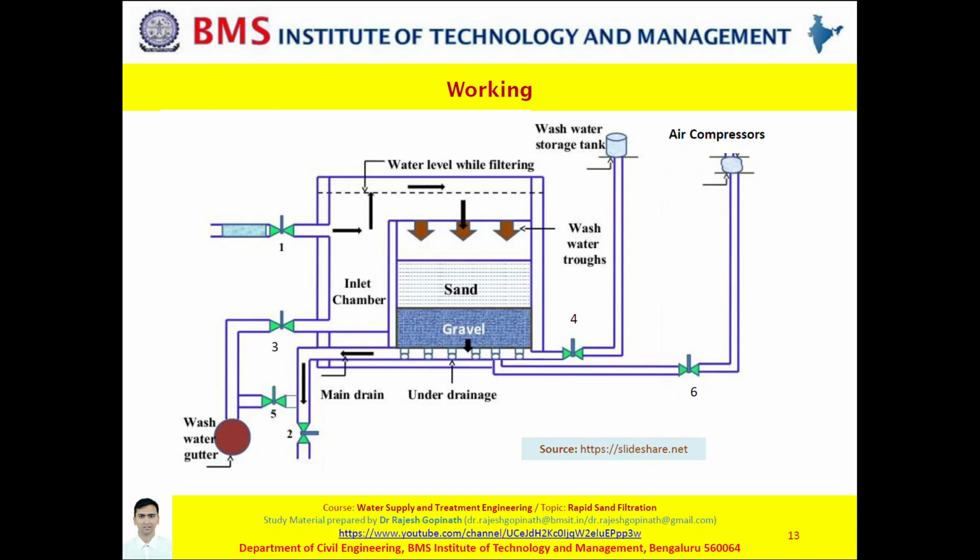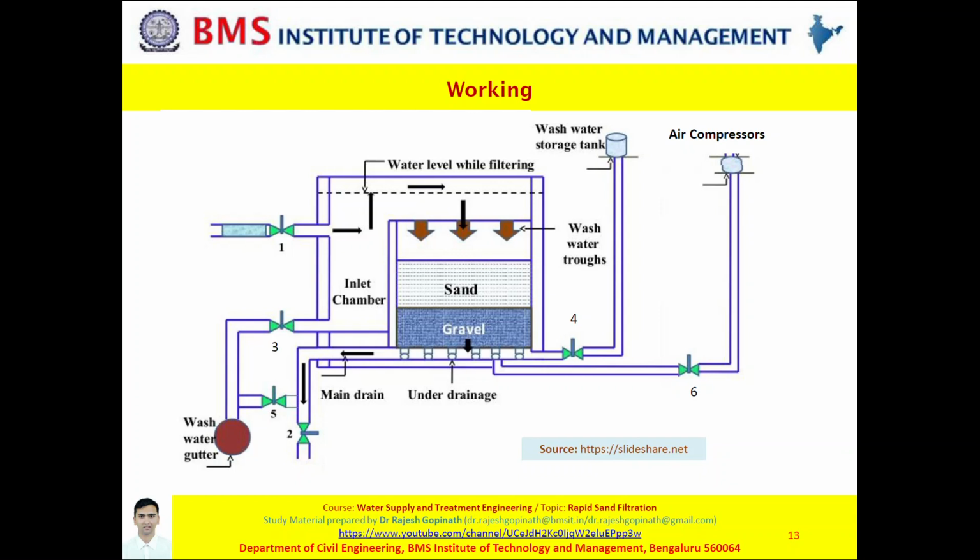The water which falls down into the inlet chamber will move towards valve 3, but since it is closed, the water cannot proceed further. Rather, the water begins to rise. As the water begins to rise, sedimentation will first happen. As the water rises, it enters from the inlet chamber into the filter chamber, which contains your filter media and base media.